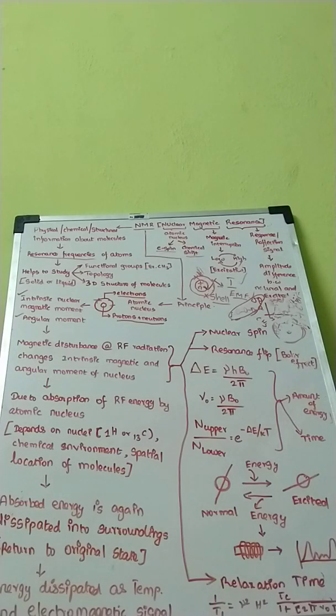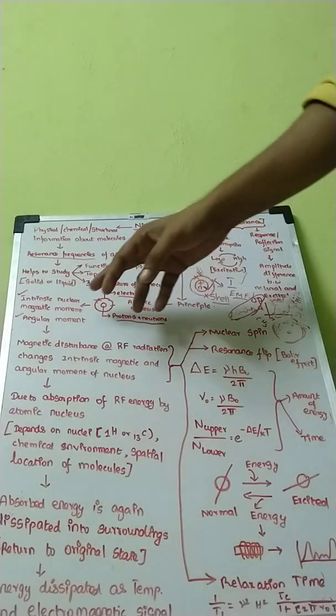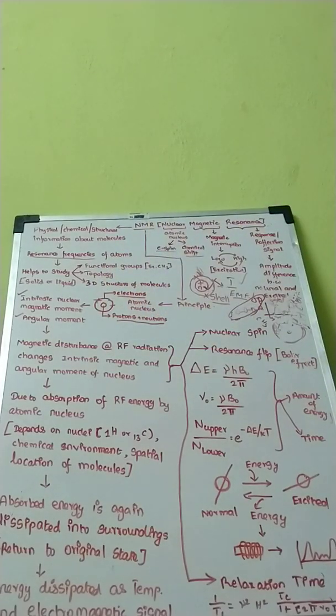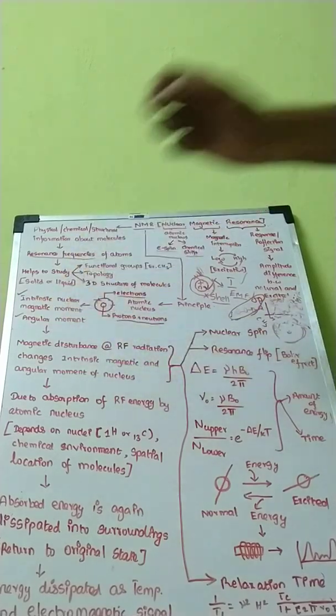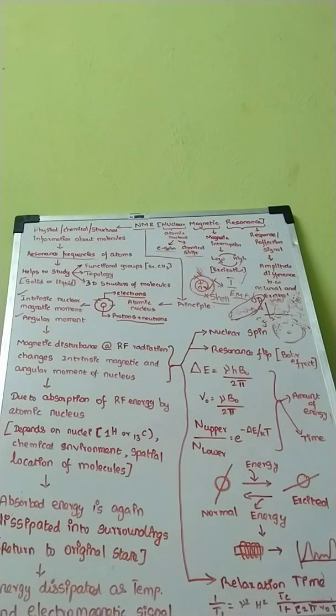Now coming to the core discussion of the principle. Basically NMR works on two important properties of the atomic nucleus: the intrinsic nuclear magnetic moment of the atom, and second, the angular momentum of the atom. There is a considerable difference between these two. The reality or real potential of a particular atom, that's what you call intrinsic.